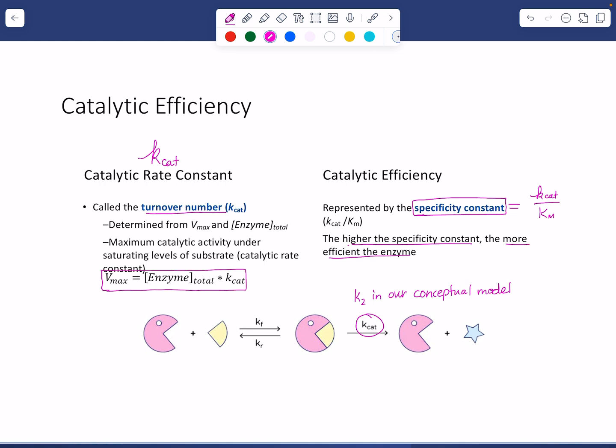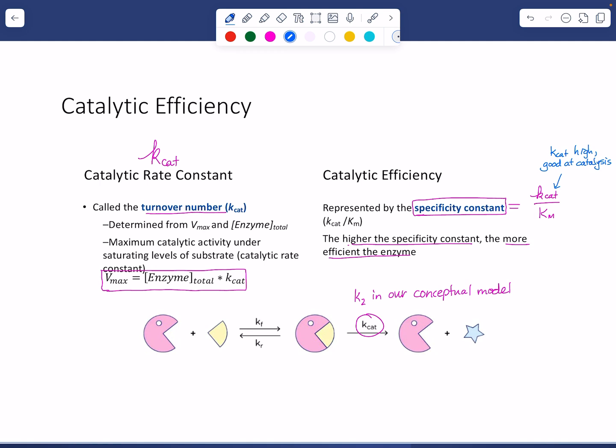Why is that? Well, let's think about it. When kcat is high, it's good at catalysis. A rate constant, the higher it is, the faster the reaction happens.